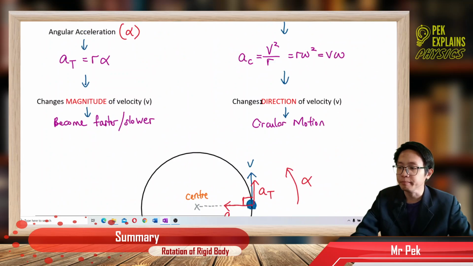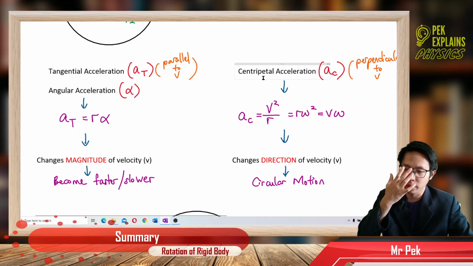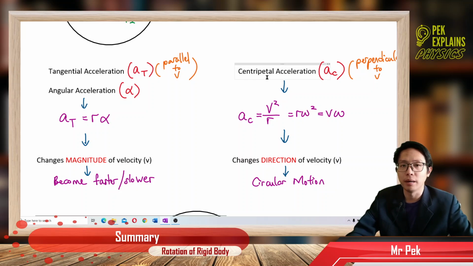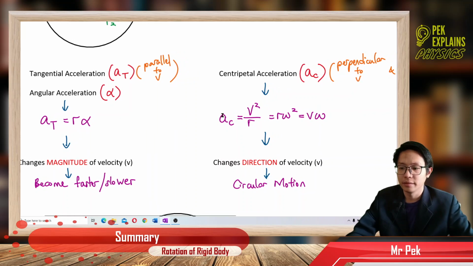Okay. Now, in the previous chapter, circular motion, we learned about centripetal acceleration, AC. The formula is V square over R, or R omega square, or V omega. You see, centripetal acceleration, AC, is different from AT. The formula is different.